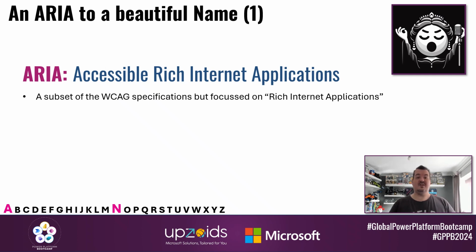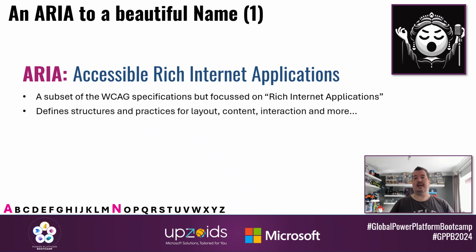And it is focused, as the name says, on rich internet applications. So moving away from just the website to the internet-based applications. And these guidelines, the ARIA spec, defines all the structures and practices for the layout, for the content, for how you interact, and a lot more besides.